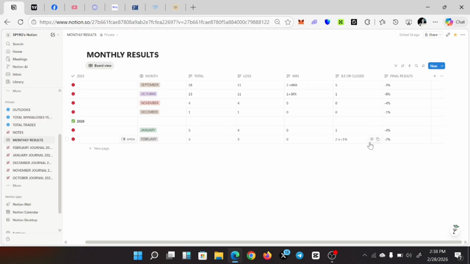So at the end of the day, after everything for the month of February, I lost 2%. But in the month of January, I lost 4%, which means somehow, this month of February was better than January.